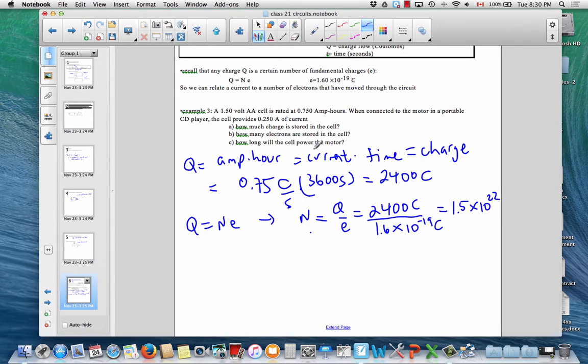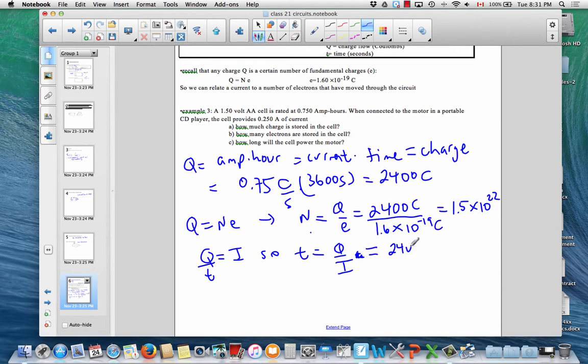Okay, how long will the cell power the motor? Well, the motor in our portable music device draws 0.25 amps of current. So we want to find the time. We know that current is charge over time, so we cross multiply, time up and current down, and we can calculate the time in this way.